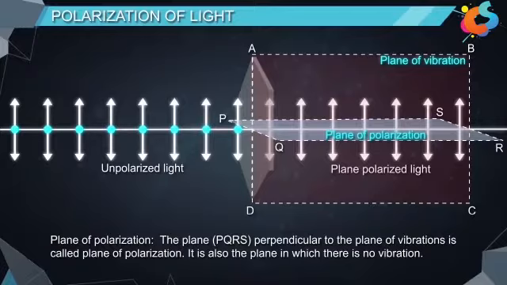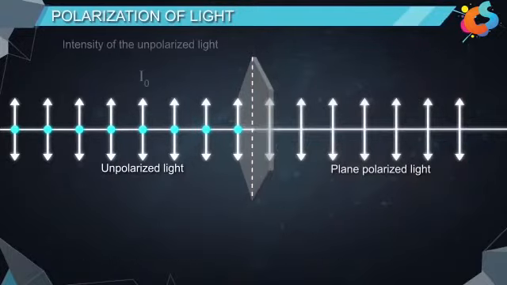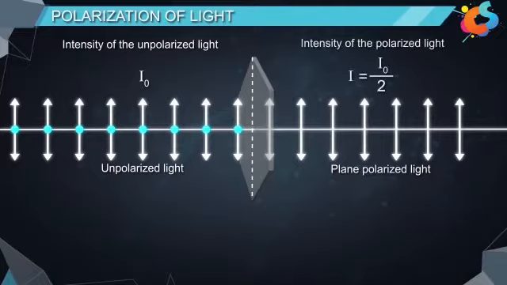It is also the plane in which there is no vibration. If I0 is the intensity of the unpolarized light, then the intensity of the polarized light I coming out of the Polaroid is given by I = I0/2.